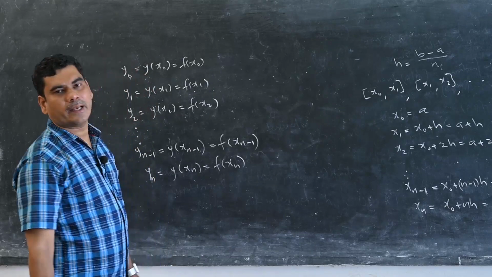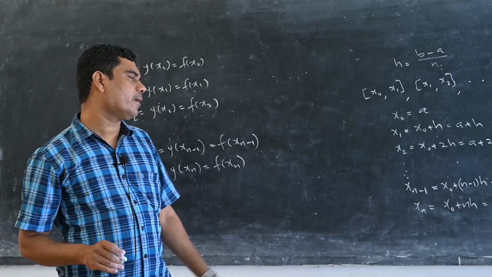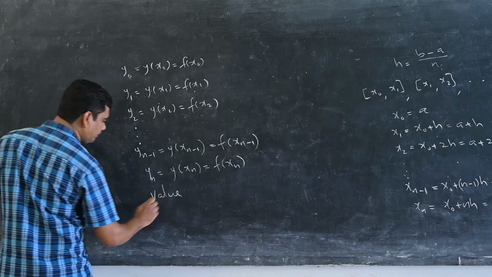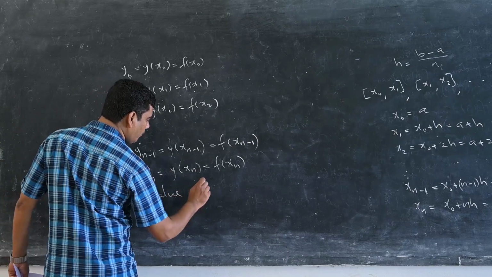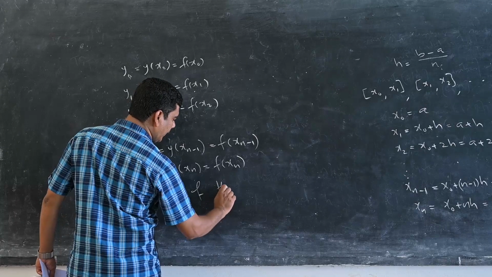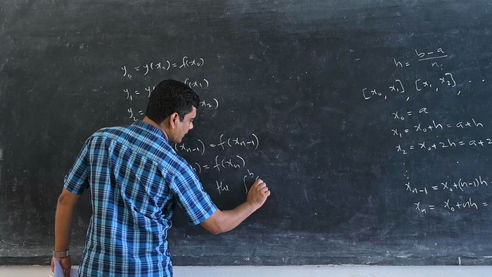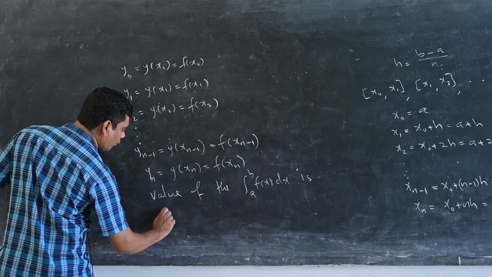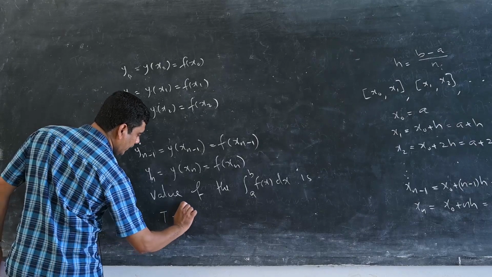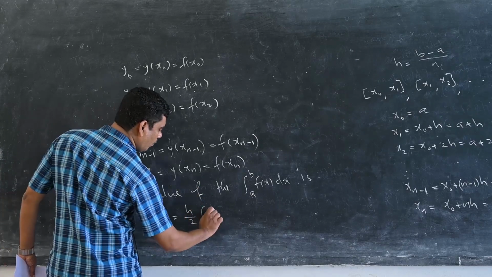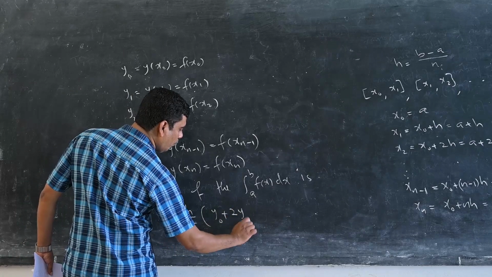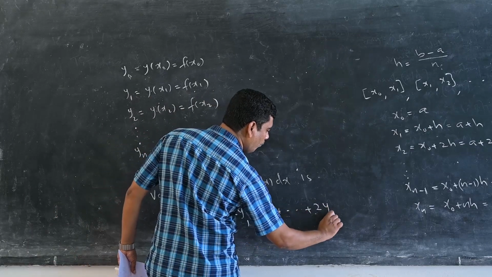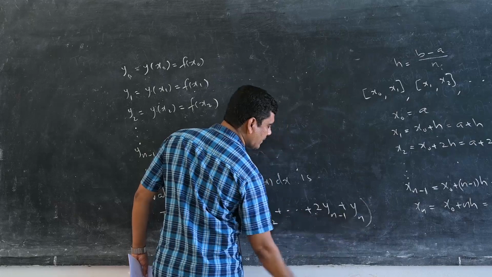We evaluate the value of the function at the points of these subintervals. Then by trapezoidal rule, the value of the integral a to b f of x dx is T is equal to h by 2 into y naught plus 2y1 plus 2y2 plus etc. 2yn minus 1 plus yn.